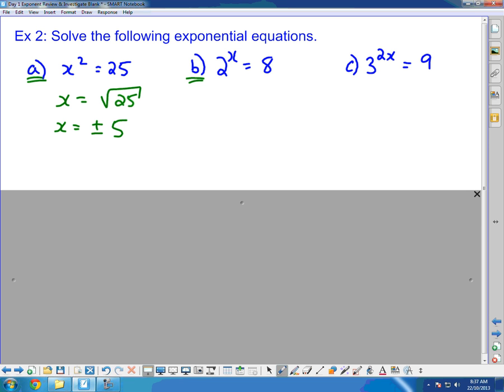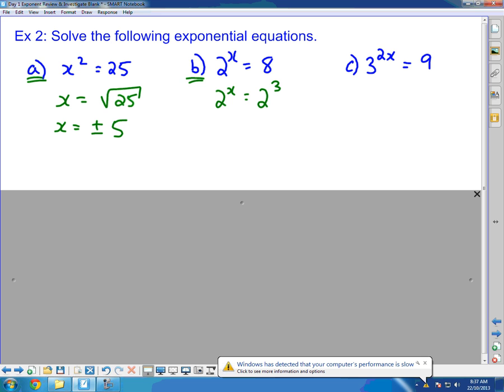All right, does anyone remember how we go off and solve these? Good. So in this case, we're going to leave 2 to the power of x, but the other one you're changing to what? Right. And then what? That's right. Very good.